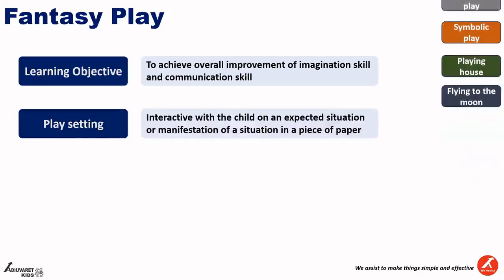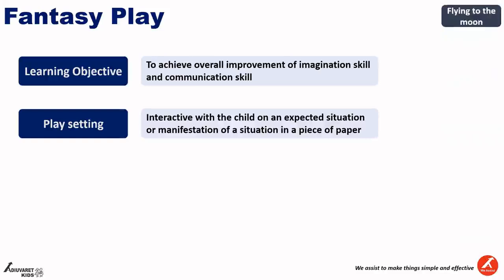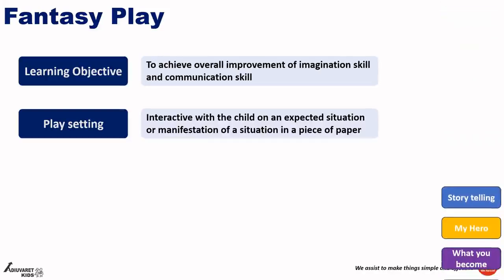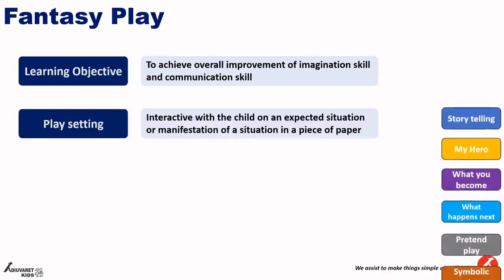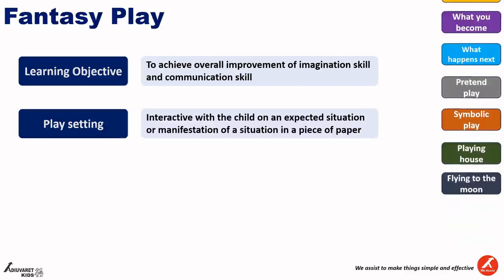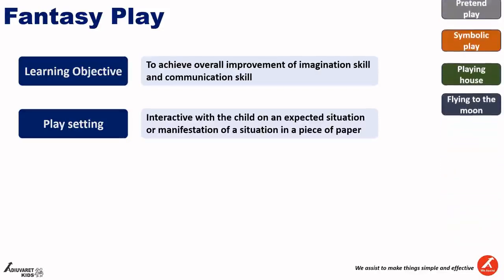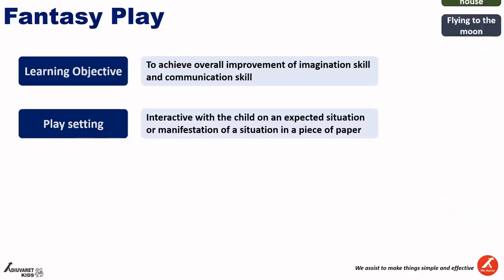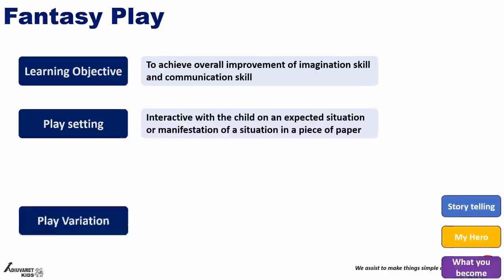That manifestation is very important as far as fantasy play is concerned. So the play setting can be a communicative play setup, or we can provide a piece of paper and give a background and setting so that the child can try to manifest those imaginative pictures of the background itself.